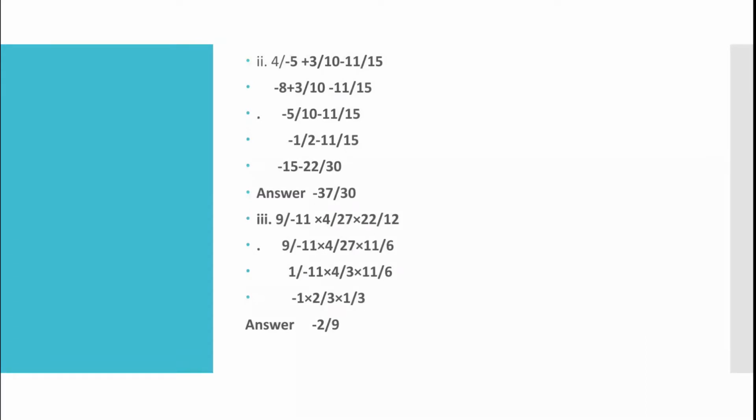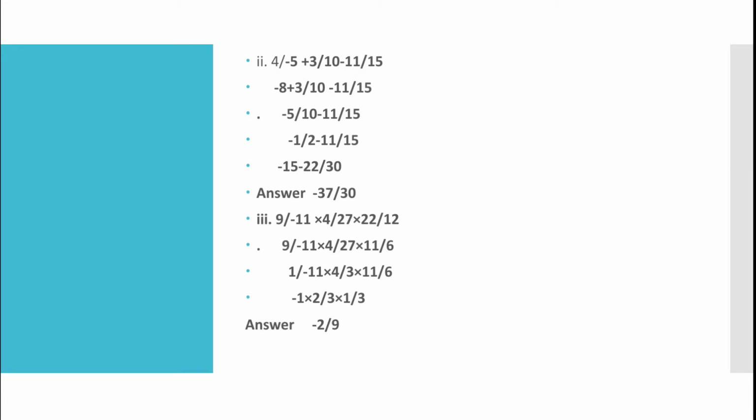Now question number 3. 9 divided by minus 11 into 4 divided by 27 into 22 divided by 12. Now here first of all we will cut 22 divided by 12 by 2. When we cut we will get 11 by 6. Now as you can see, 9 divided by minus 11 into 4 divided by 27.